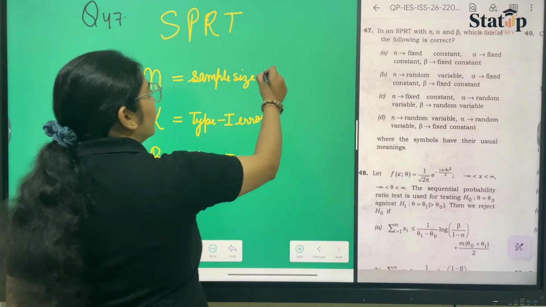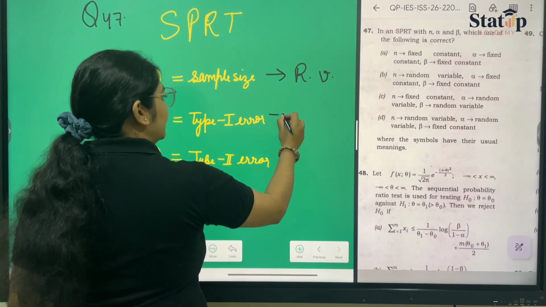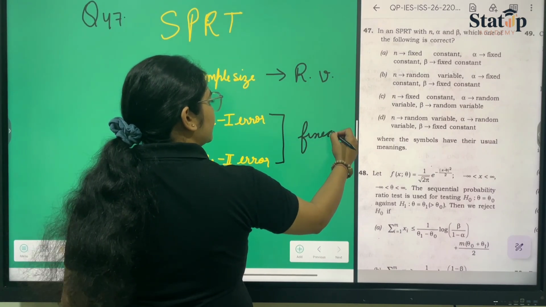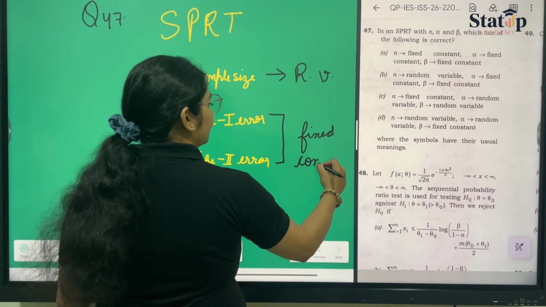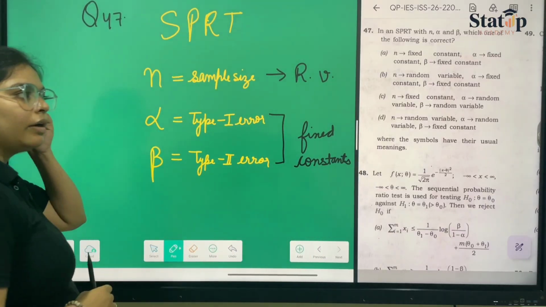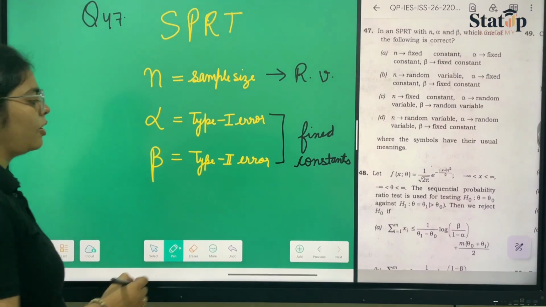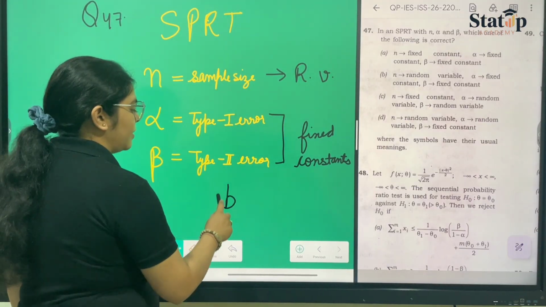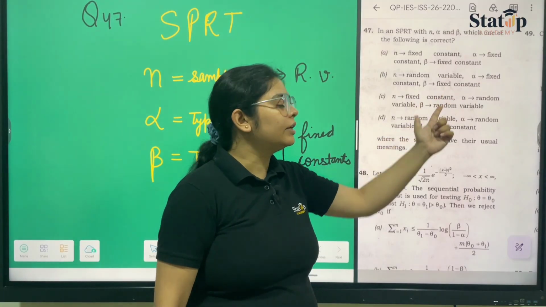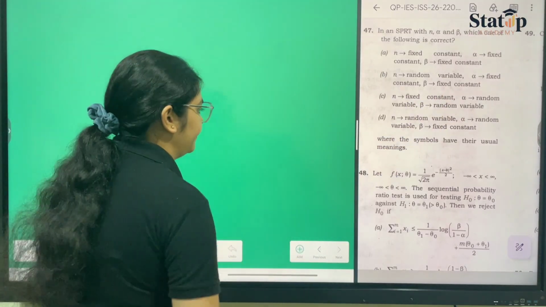So n here is a random variable and these two are fixed constants. We have to fix the errors in order to get the best result. So keeping the errors fixed, we all can see option B is the correct option that matches this theorem, where n is a random variable, alpha and beta are fixed constants. The most important property of SPRT.